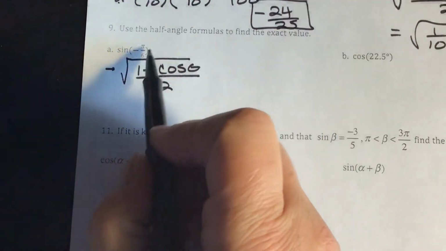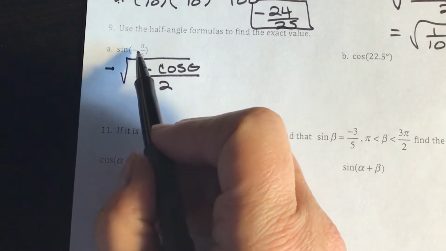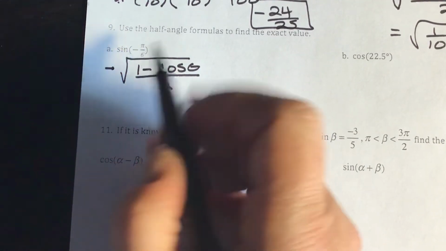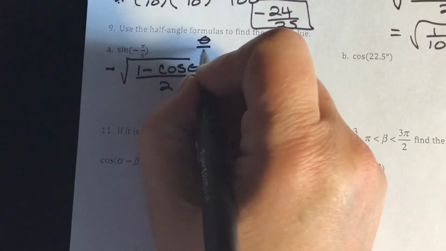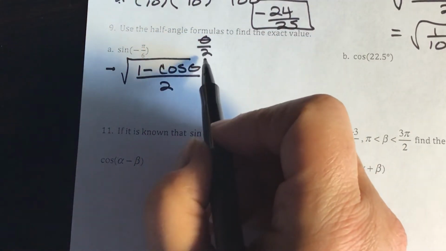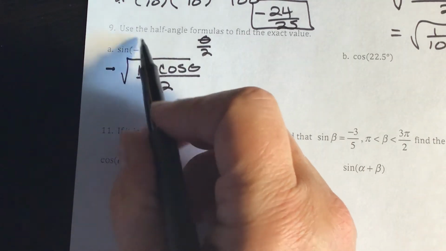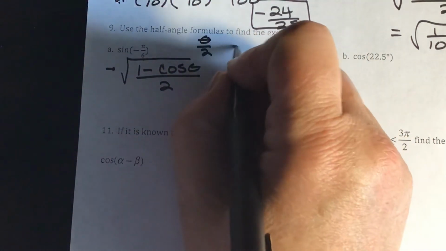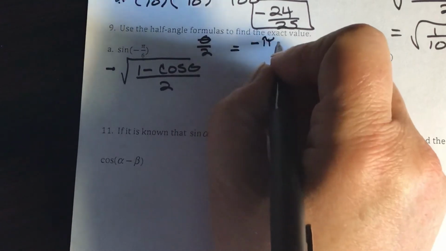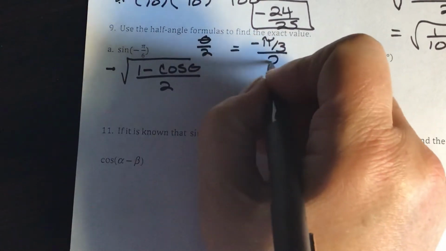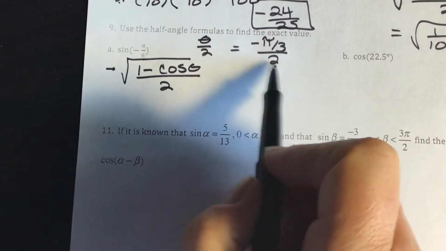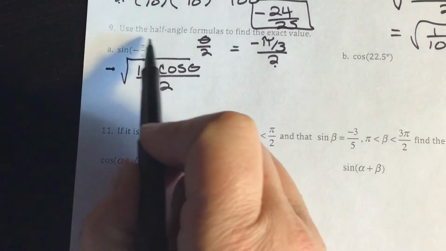Now, if I think about this angle as being a half angle, I need an angle over 2. So the angle that's divided by 2, that's going to give me this value, is negative pi over 3. Negative pi over 3 divided by 2 is negative pi over 6.